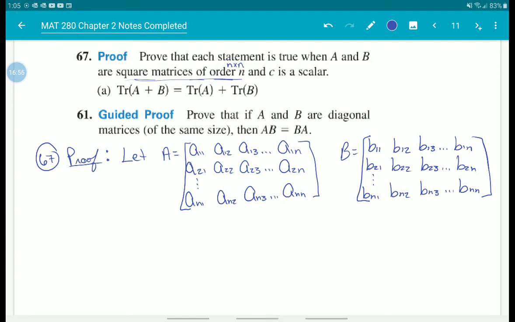So we want to prove that the trace of A plus B equals the trace of A plus trace of B. So let's look at what the trace of A plus B would look like. To do that, I'm going to start with A plus B. What would A plus B look like? Well, they're both n by n matrices, so we would just add those like components together in the respective spaces. So top left-hand corner would be A11 plus B11. Then we would have A12 plus B12, and so on.